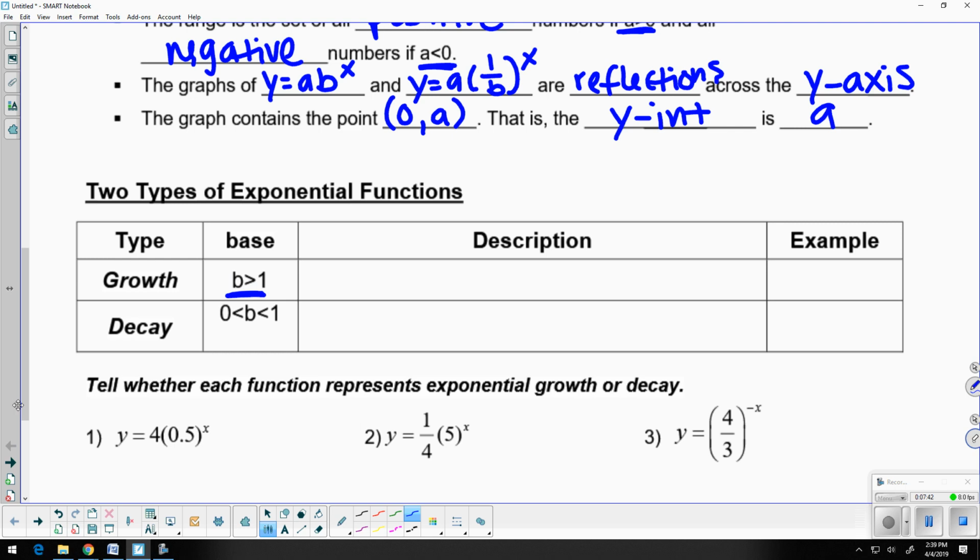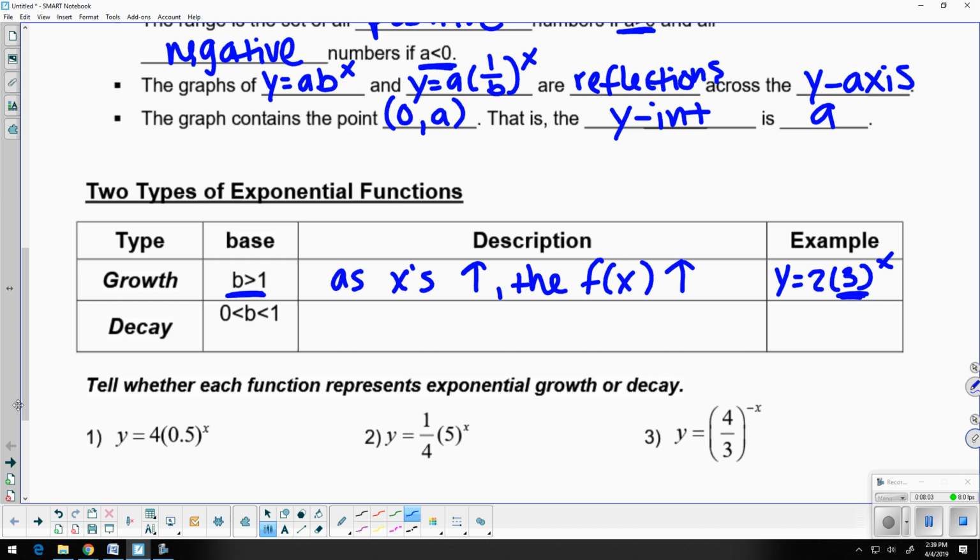So as an example, if you have something like y equals 2 times 3 to the x. So if this number is bigger than 1, it's going to be exponential growth. And what you're going to actually see in the function is as your x's increase, the function also increases.